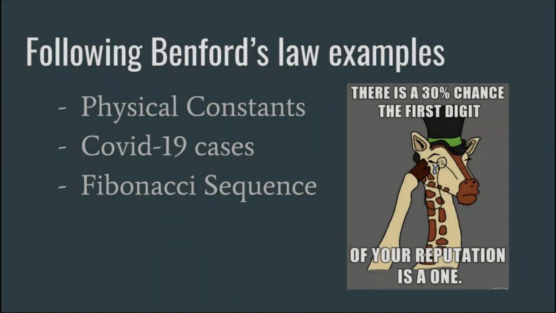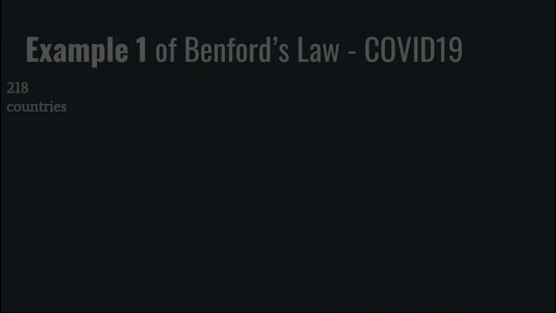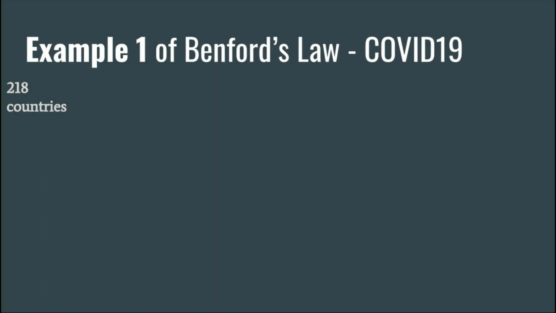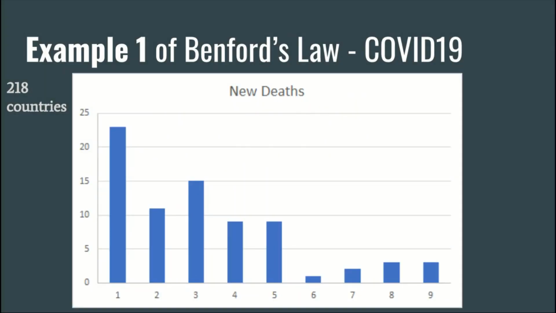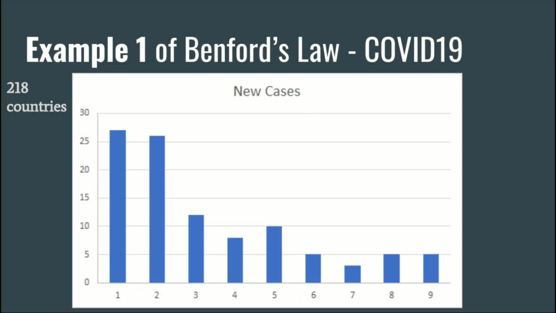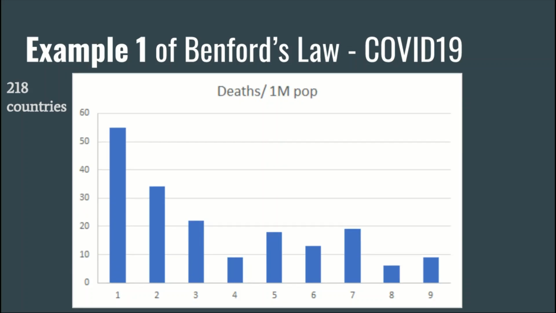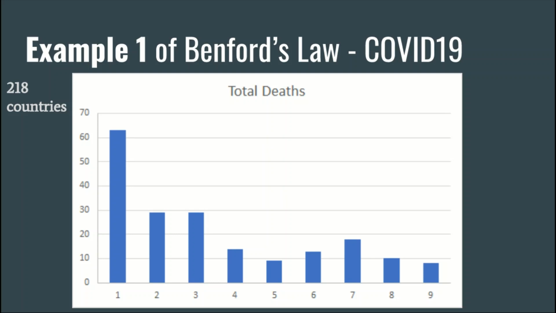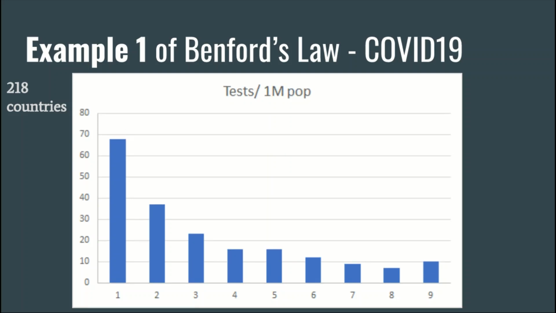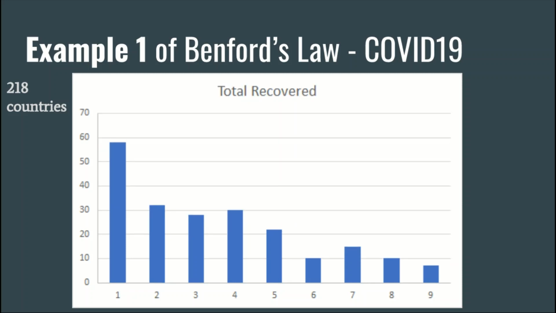The following slides will depict examples of Benford's law being used with real-world examples. Benford's law is more accurate for certain data sets that span many orders of magnitude. For example, if we look at the variety of cases for the novel coronavirus COVID-19 that spans over 218 countries, we see that even with the same number of data sets, the higher the value in the data, the closer the graph follows Benford's law.